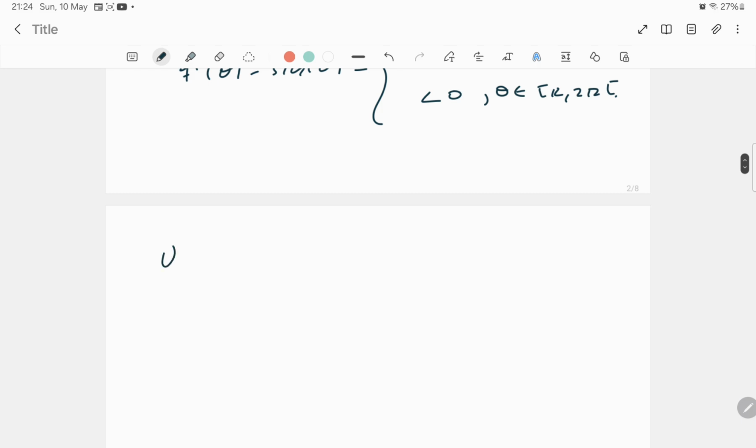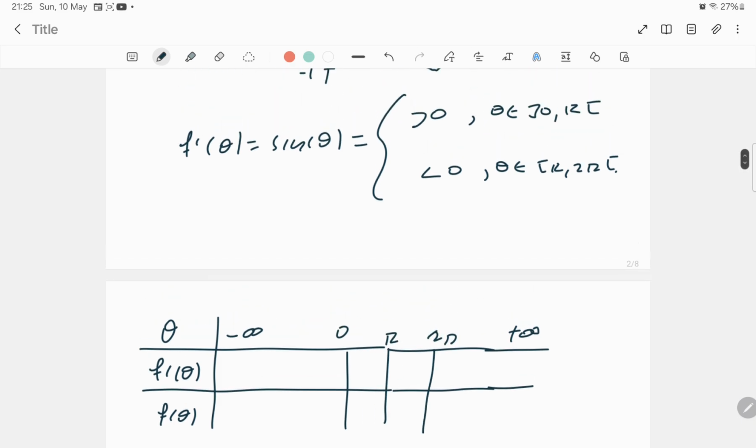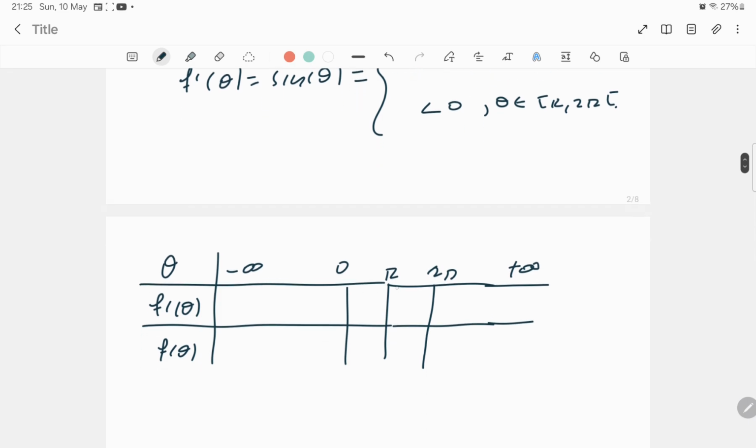We can make a table. We have theta, f prime of theta, and f of theta. We have 0 here, pi here, 2 pi here. My derivative is positive when theta is between 0 and pi, and negative between pi and 2 pi. So f of theta is an increasing function here, and a decreasing function here.